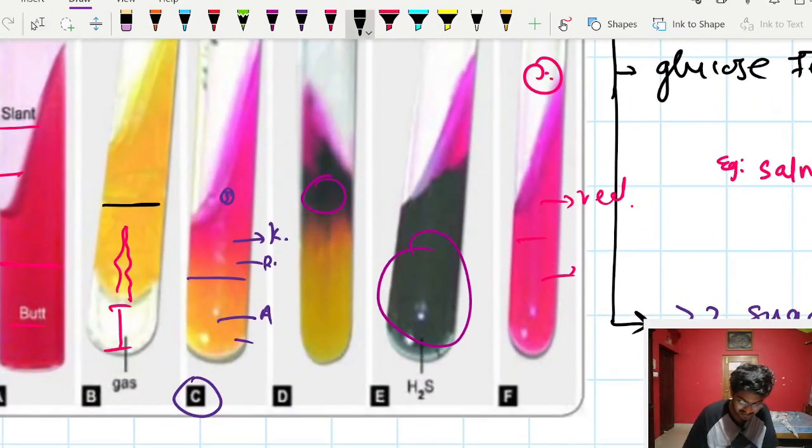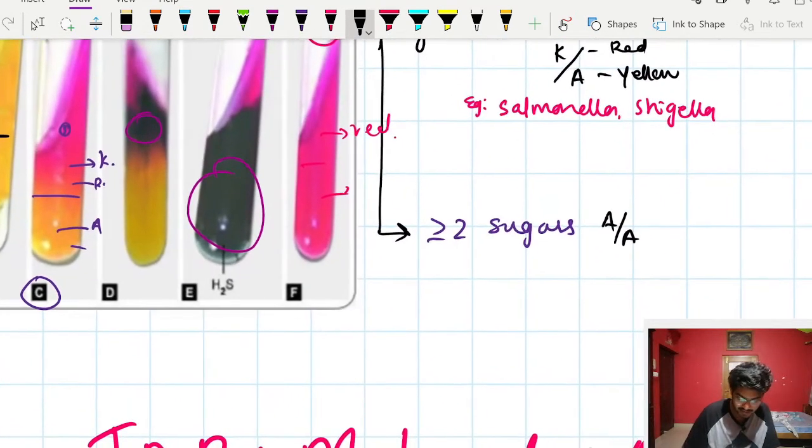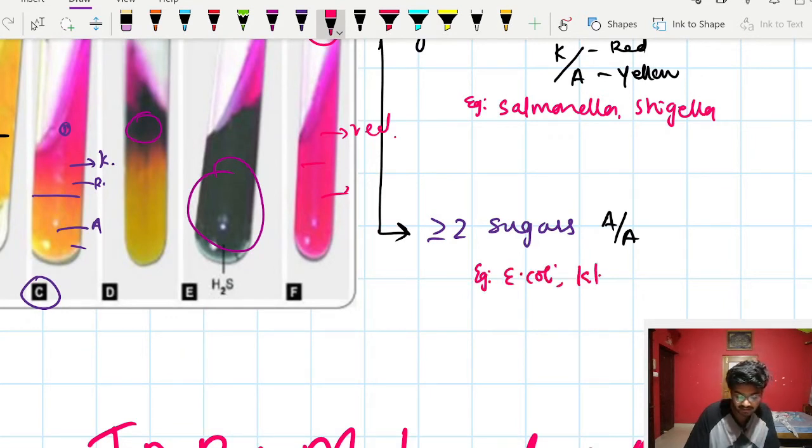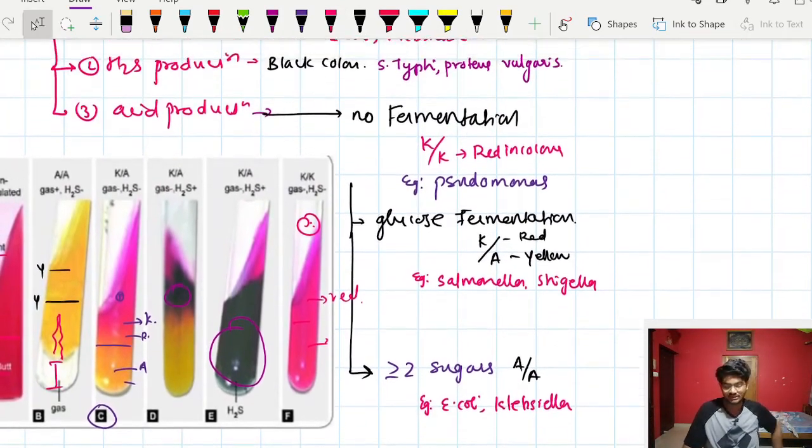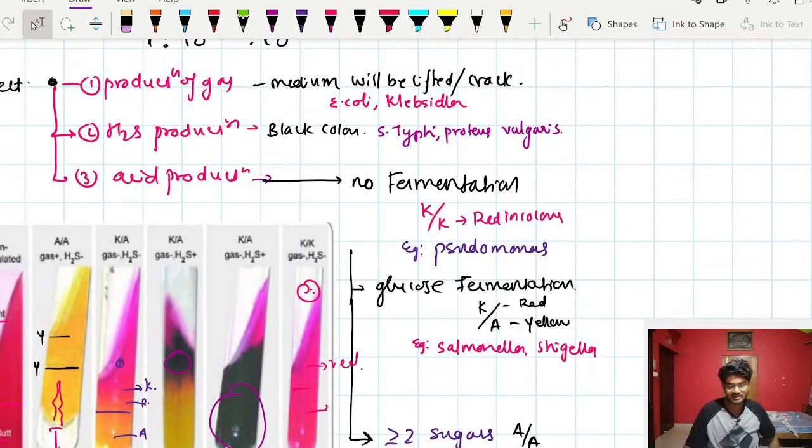Both the butt and slant are acidic, that is yellow color. Examples include Escherichia coli and Klebsiella. So we can differentiate the organism based on three things here: whether it produces gas, whether it produces H2S, or whether it can ferment, that means it can produce acid.